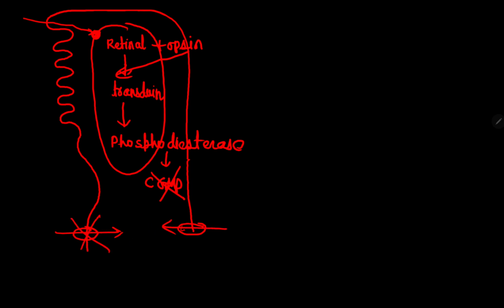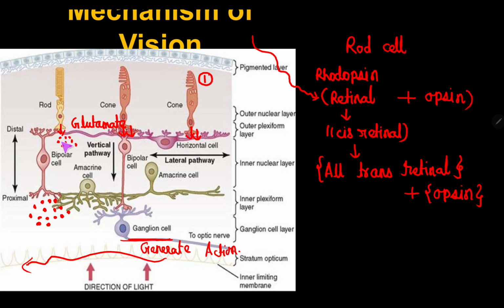When entry of sodium ion and calcium ion was stopped, a lesser amount of neurotransmitter was secreted from these rod cells and cone cells, and when they secrete less glutamate, they generate a graded potential or receptor potential in the bipolar neuron. When they generate the receptor potential in this bipolar neuron, it secretes a lot of glutamate here.